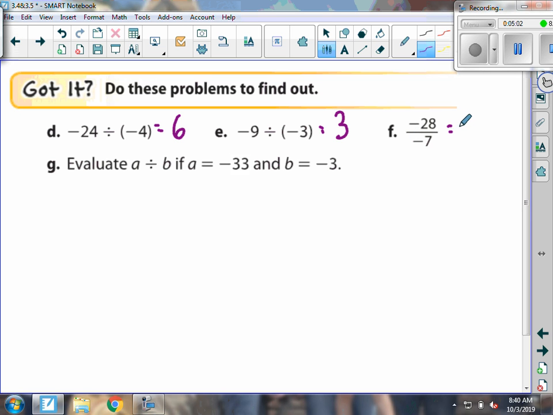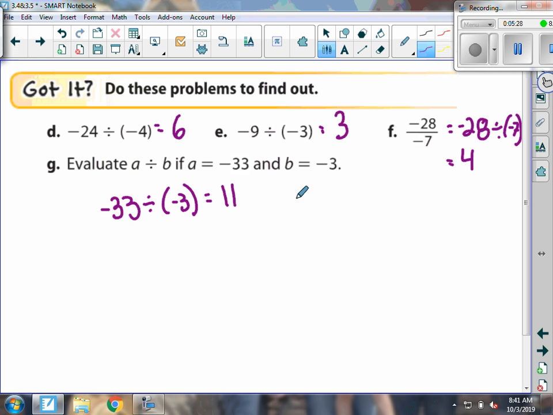F, we have negative 28 over negative 7, which is the same thing as dividing by negative 7. And that's going to give us positive 4. In G, evaluate A divided by B, if A equals negative 33 and B equals negative 3. So this is negative 33 divided by negative 3. And that's going to give us positive 11.